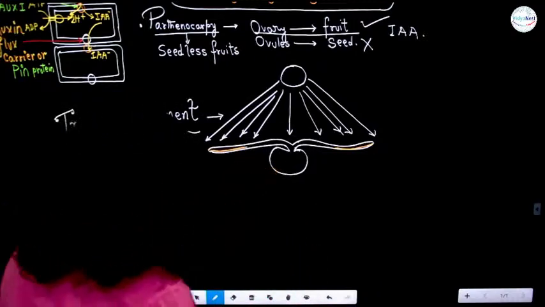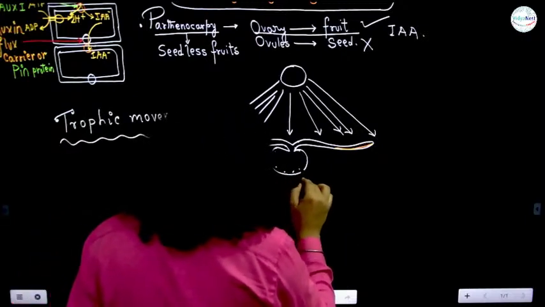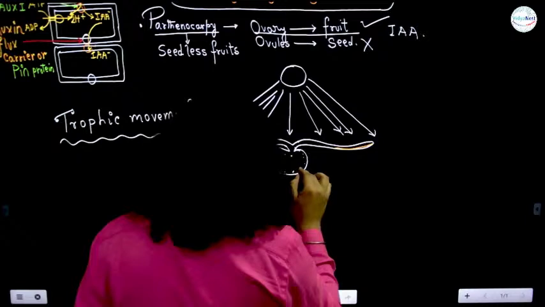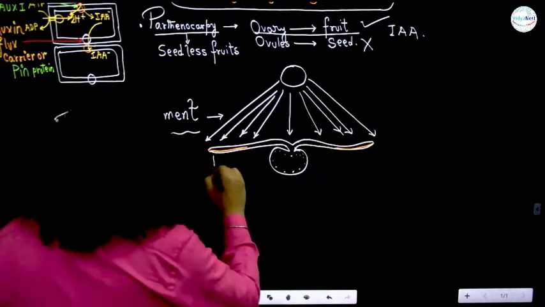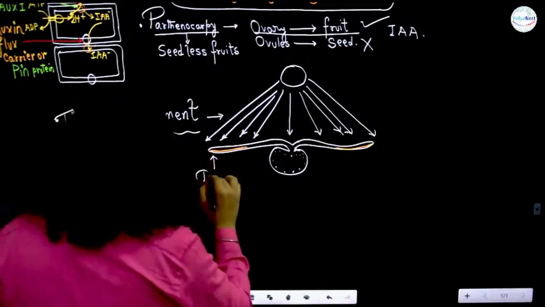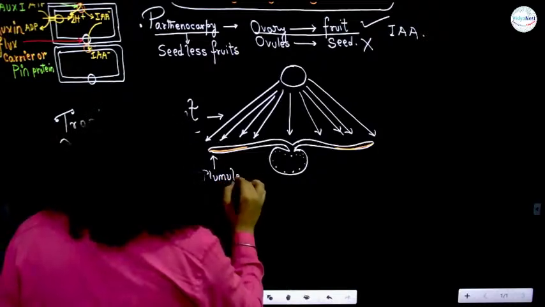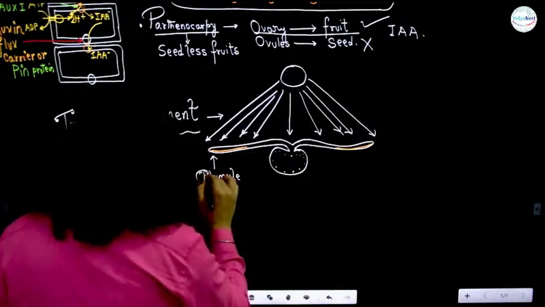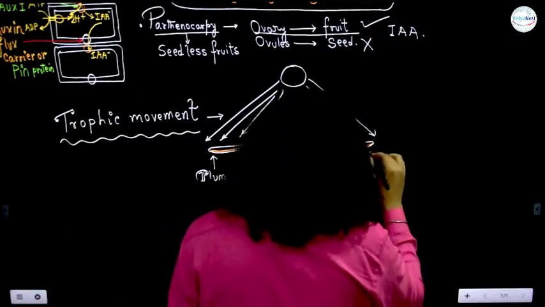So what will happen over here? This will show more growth. That means this is the plumule, and this portion represents the radicle.